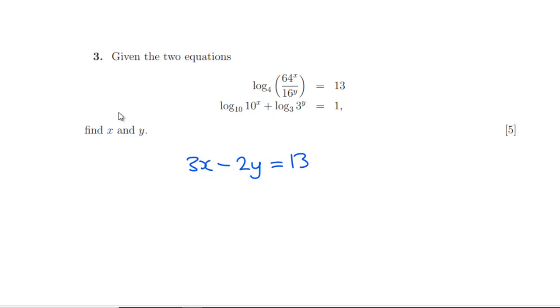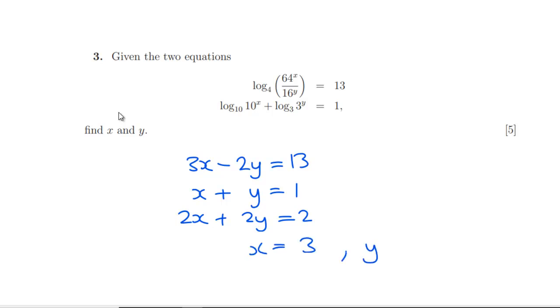And then we've got x plus y equals 1. Right, okay, they're not expecting much here, are they? So 2x plus 2y equals 2. So x equals 3, which would make y minus 2. 5 marks for that. I mean, that is just, well, yeah, what can you say?